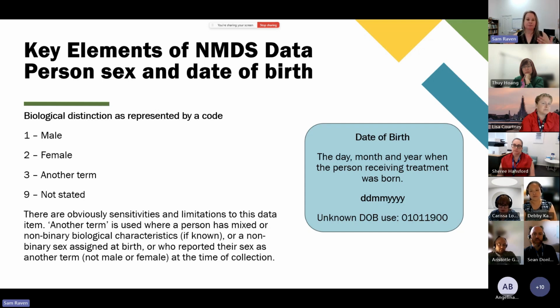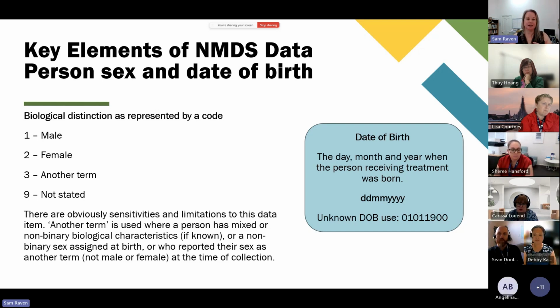However, there is room to estimate a person's date of birth, and using that unknown is kind of nothing data. So when we look at that particular treatment episode, if there's an unknown 0101-1900, I don't know if that person was 12 or 65. So it's not very useful data to use that unknown.